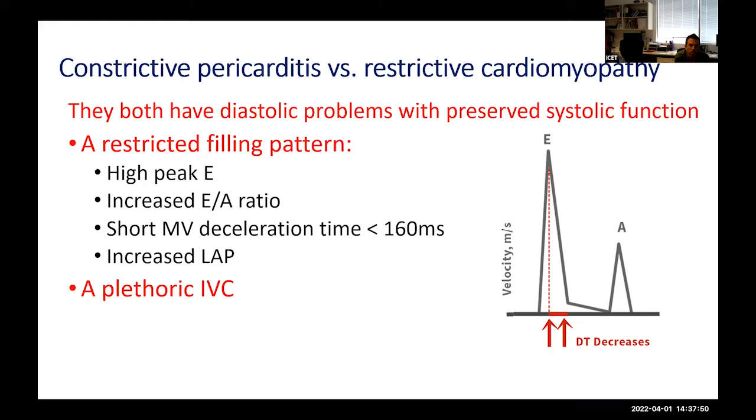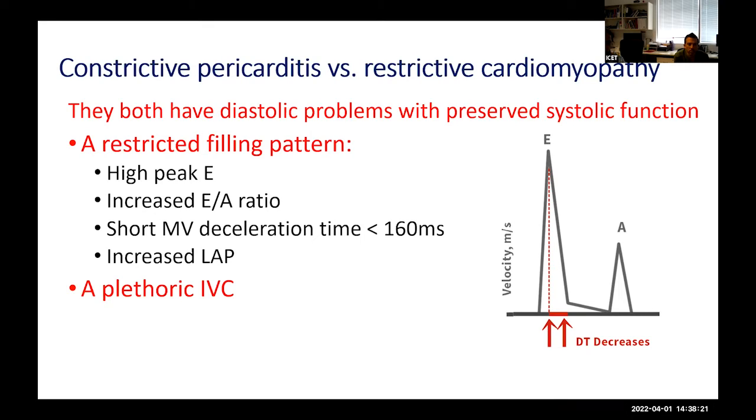So the characteristics of a restricted filling pattern through the mitral valve inflow are going to be a very high peak E wave, an increased EA ratio, a short mitral valve deceleration time, which is normally over 200 milliseconds. It'll be less than 160 milliseconds. And that is because the pressure equalizes rapidly over the mitral valve as pressure builds up in the left ventricle.